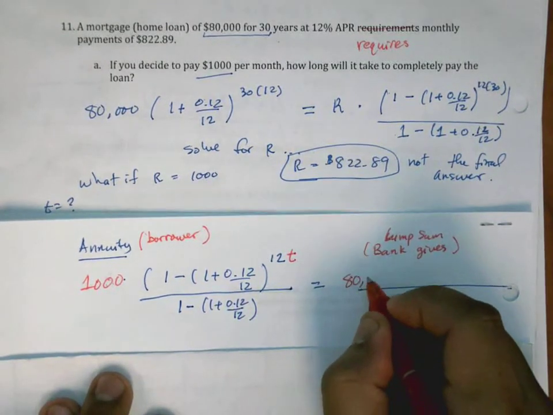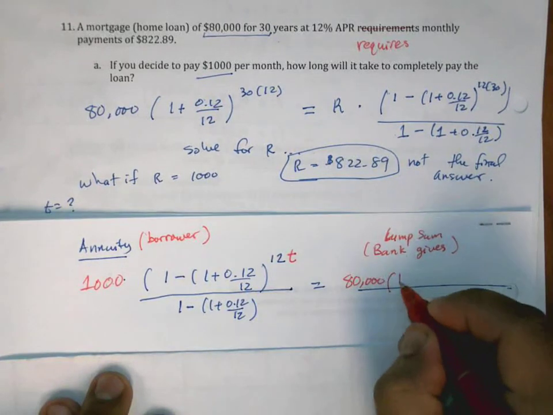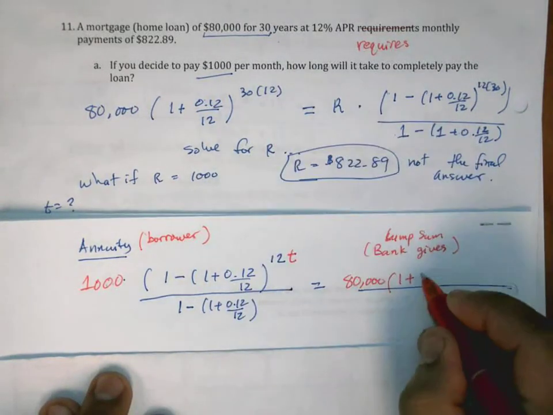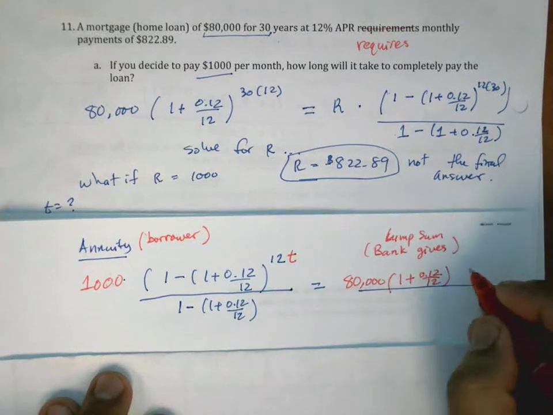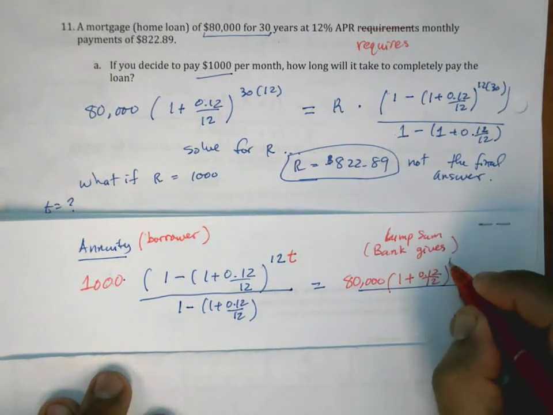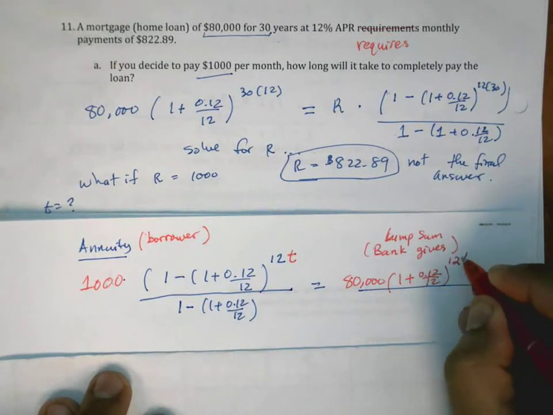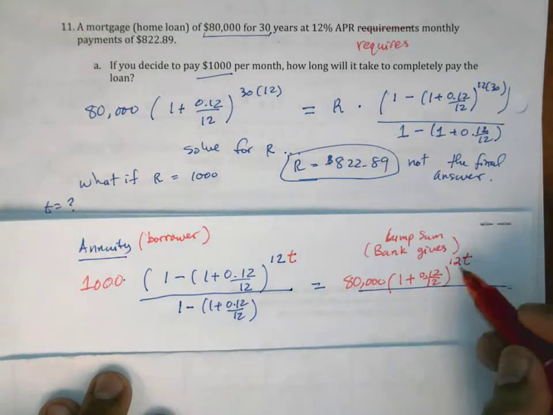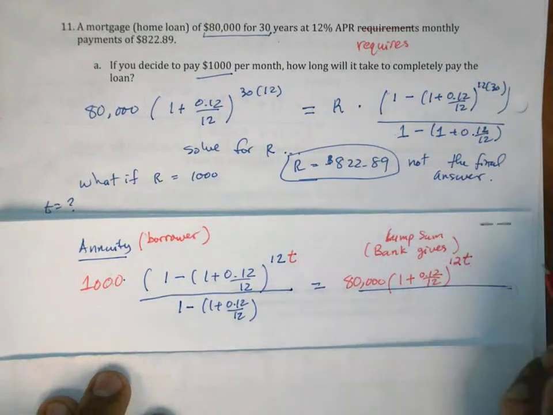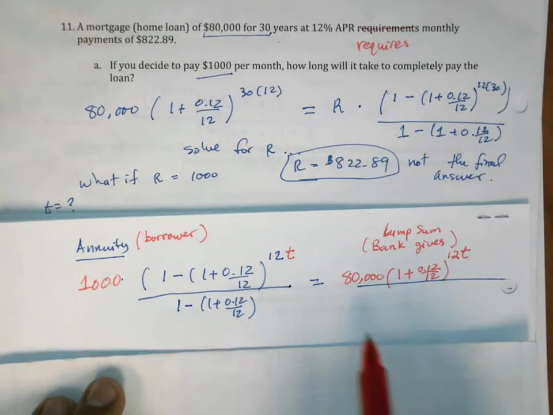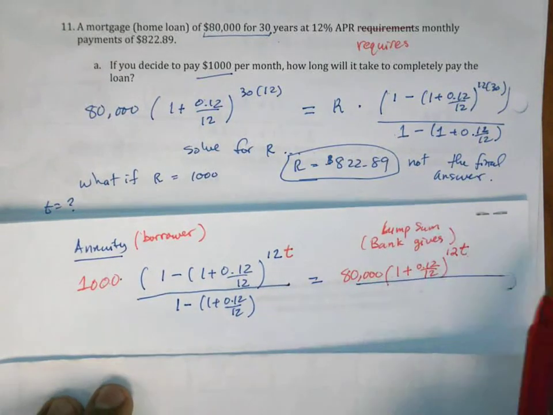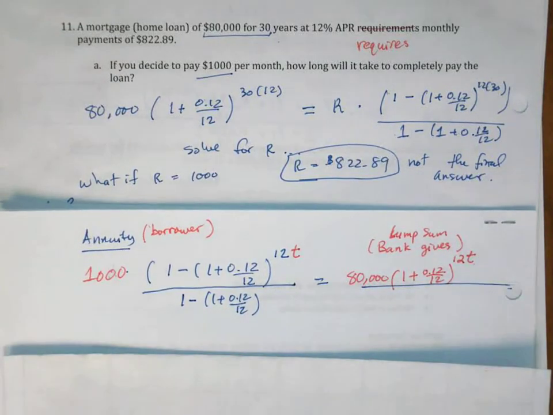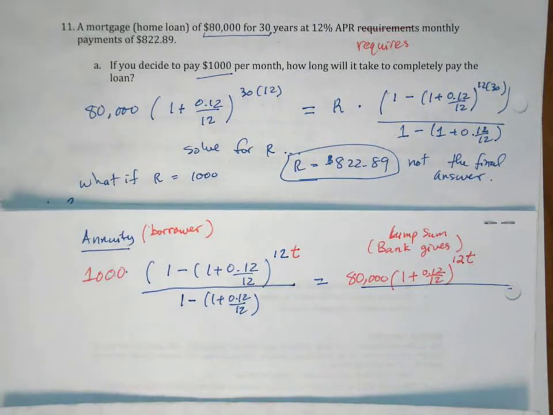It's going to be charged at the same rate. And by the way, 12% is a pretty high rate. 12 times per year for some number of years. Okay, so 12t. And now we have an equation. We just need to solve and figure out how many years this will take us to pay off this particular loan. Okay, so first thing that I'm going to do here is divide both sides by 1,000.